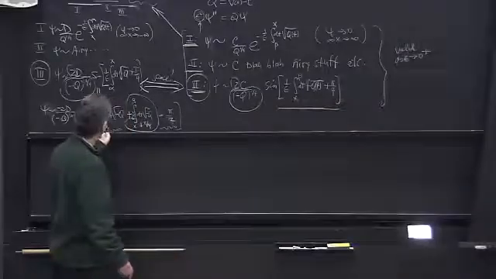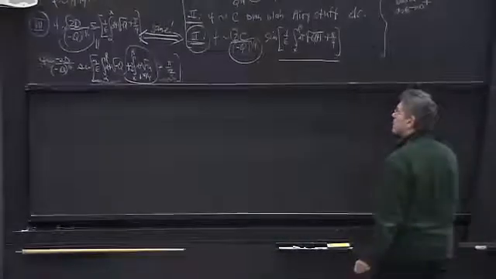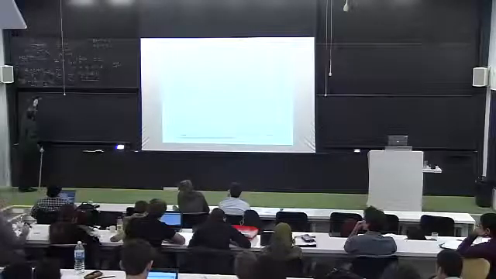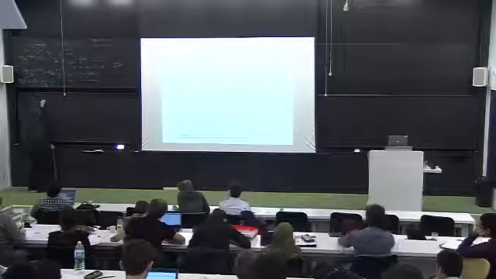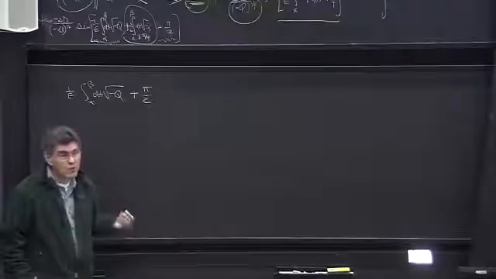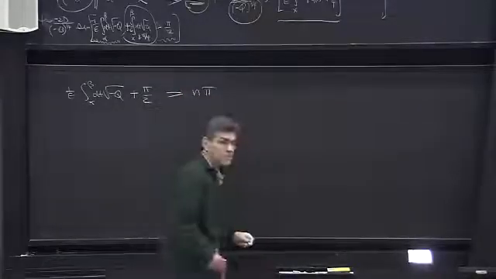So what I'm saying is, we can make this be a multiple of pi. Let's require that 1 over epsilon, integral from alpha to beta, dt, square root of minus q, plus pi over 2, is some multiple of pi, n pi.